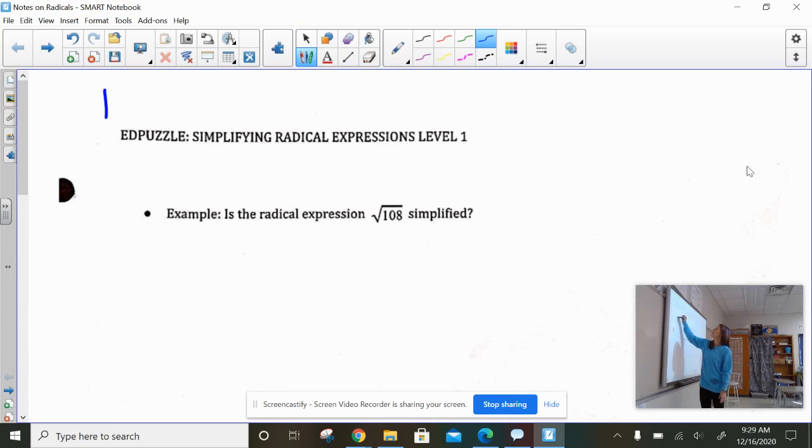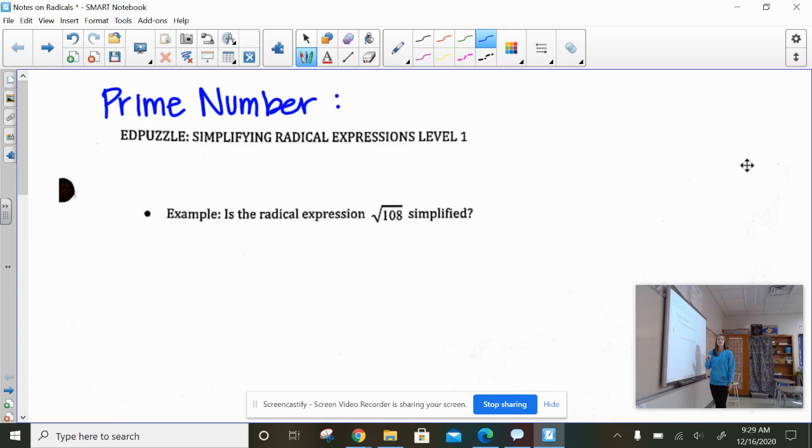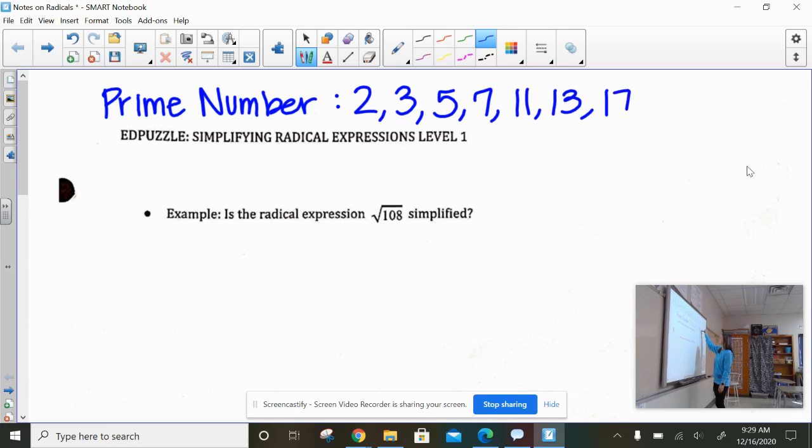A prime number is a number that can only be divided by itself or 1. Our first prime number is 2, and then we have 3, 5, 7, 11, 13, 17, 19, and so forth. That's about all you will need here.